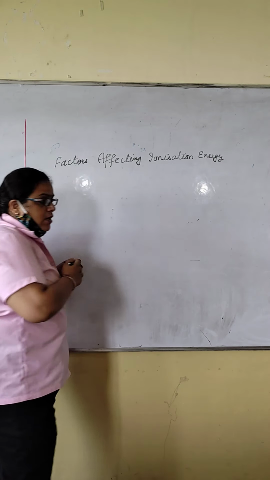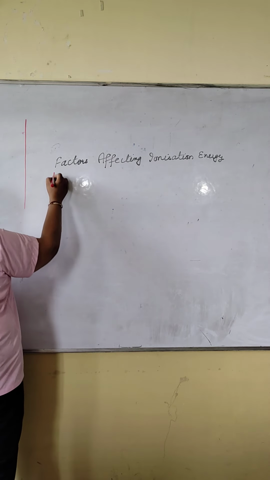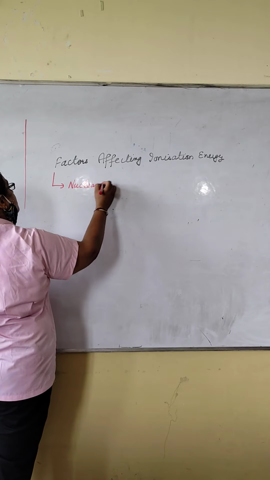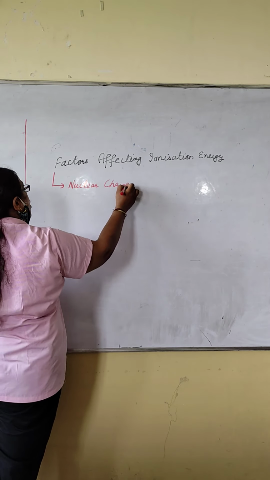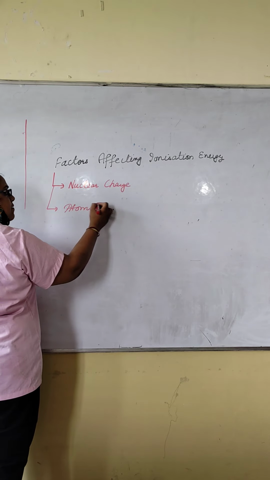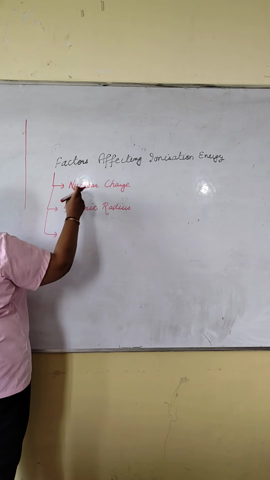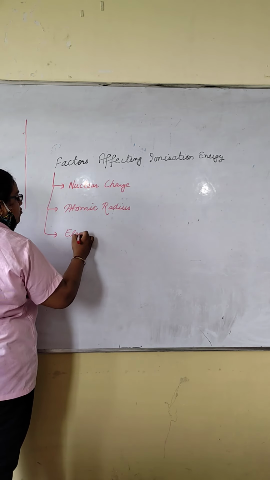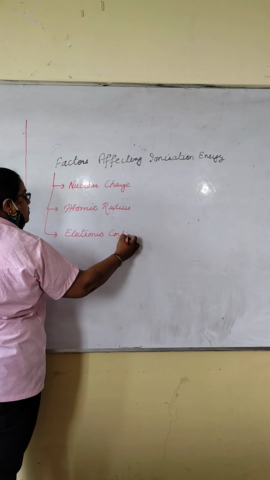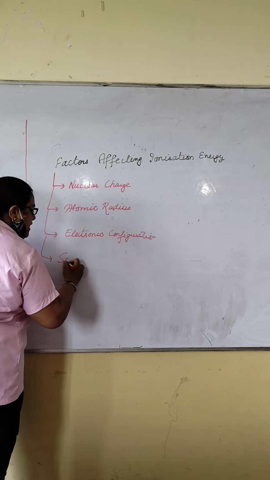See, there is nuclear charge on which IE depends, atomic radii, electronic configuration. Fourth is screening effect.